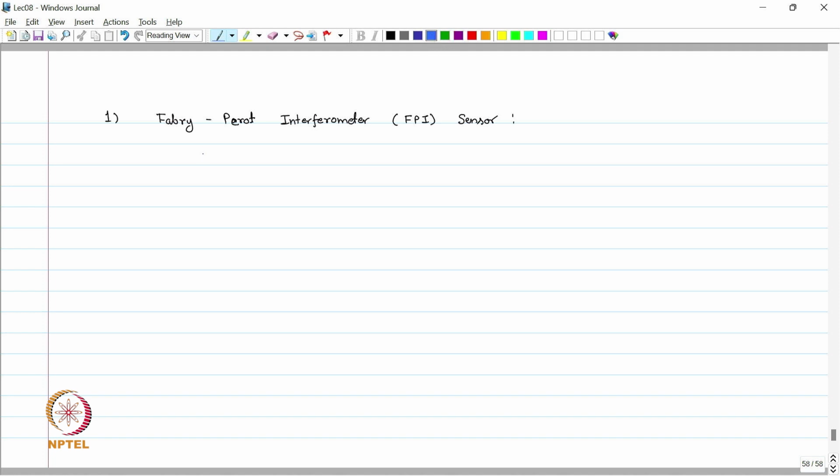This is generally composed of two parallel plate reflecting surfaces, which are separated by a certain distance.